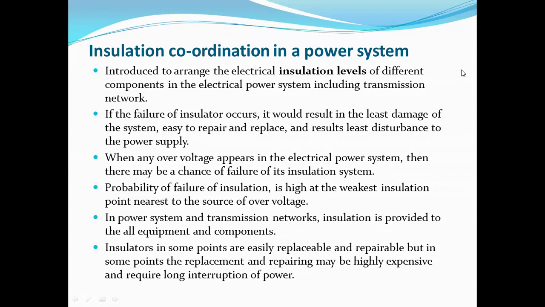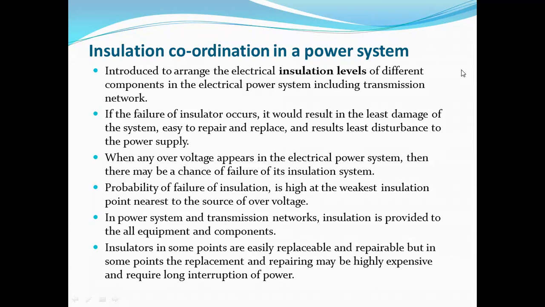We are using surge arresters, surge absorbers, different types of arresters. But instead of using those surge arresters, which can be used for particular voltages, can we improve our insulation only? That is the question, because for protection purposes we are using insulation.